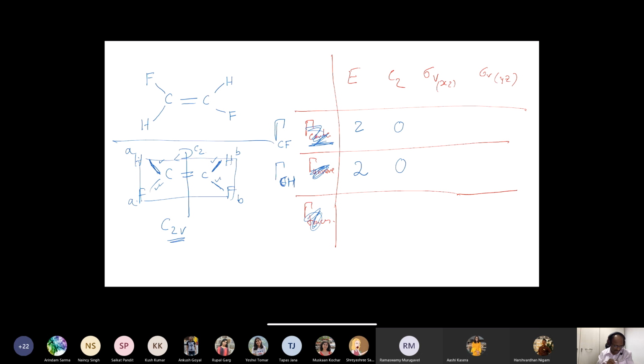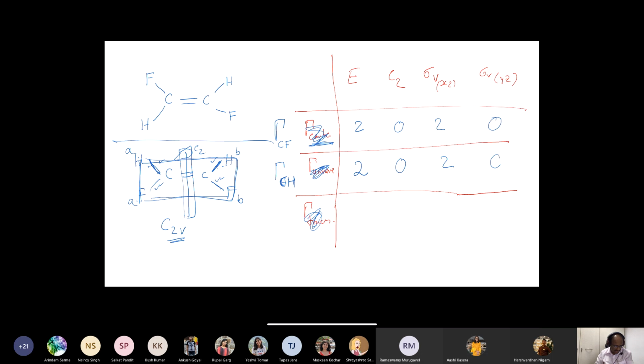When you do a sigma v, which is initially the plane of the board or paper, the two CH bonds remain where they are, and the two CF bonds also remain where they are. So again it will be 2, 2. When you do the horizontal plane, both of them get reflected, so they get 0.